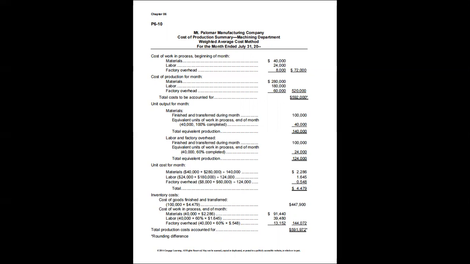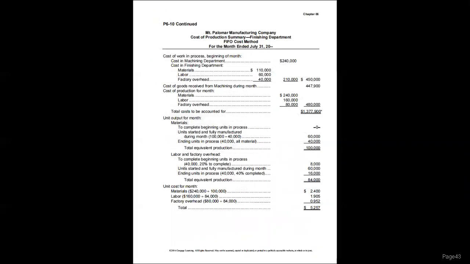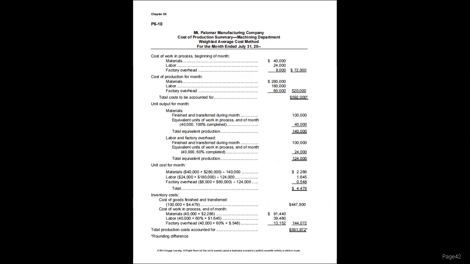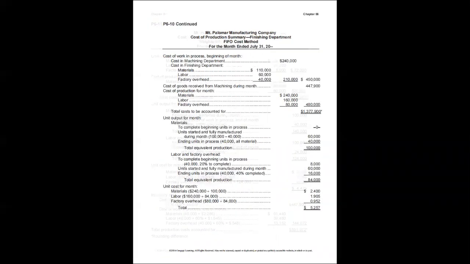Okay, so we have now the machining department. Next, we have the finishing department using the FIFO cost method. It's the machining department that uses the weighted average cost method, whereas in the finishing department, the method used is FIFO.